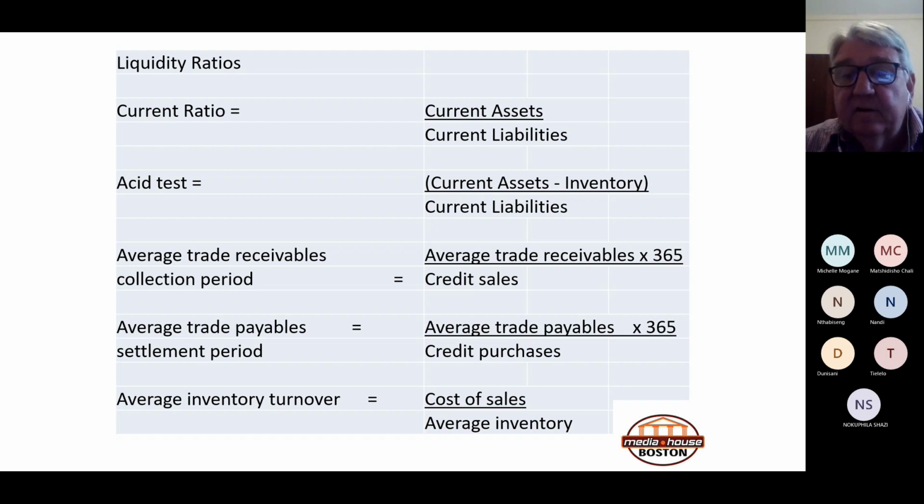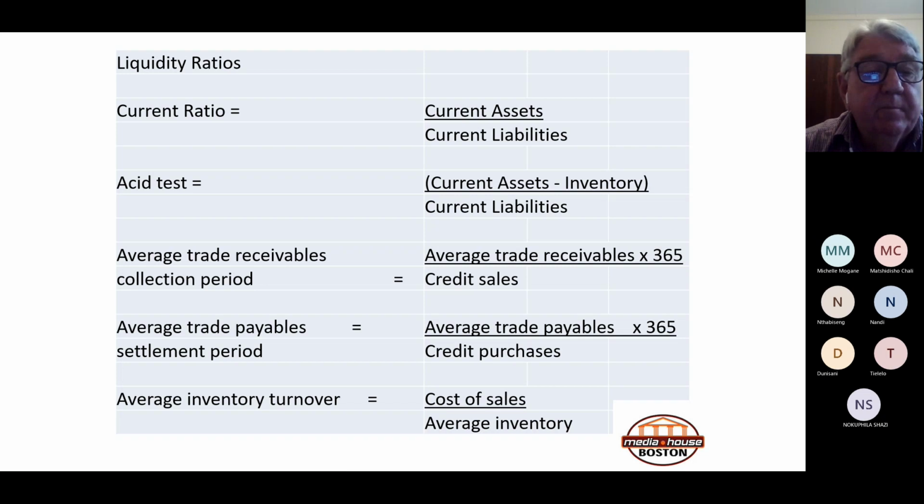If it goes to 60 days or 90 days, then you are in trouble. It normally indicates that some debtors will not be able to pay you and you're going to have to write off bad debt. So in real life, financial managers monitor this every month to make sure that the debtors' days stays within a particular range that they are happy with. So that's the trade receivables collection period.